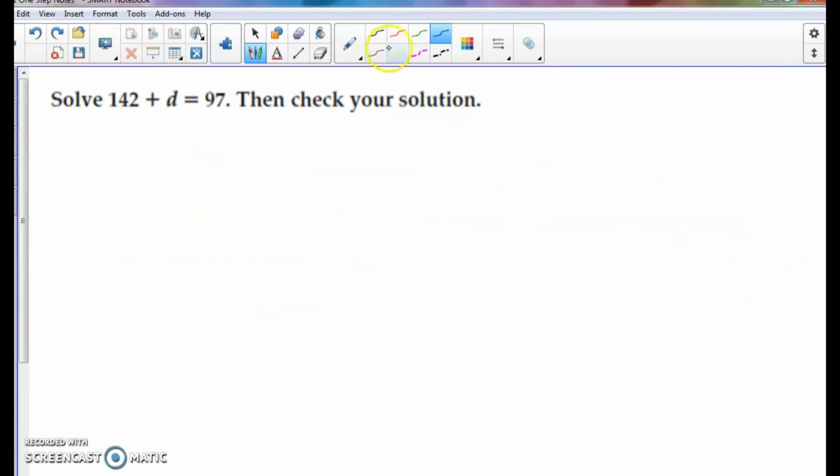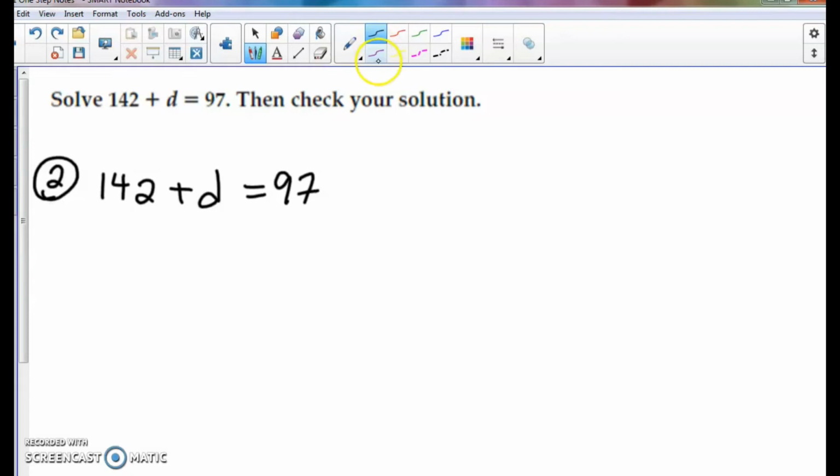Now, let's see another one. Get into the habit of transposing here. Example 2. We have 142 plus d equals 97. Once again, we're asked to solve and check our solution. First, what's happening to our variable? He's here on the left side, being added to 142. To isolate d, we're going to transpose our 142 to the right side.